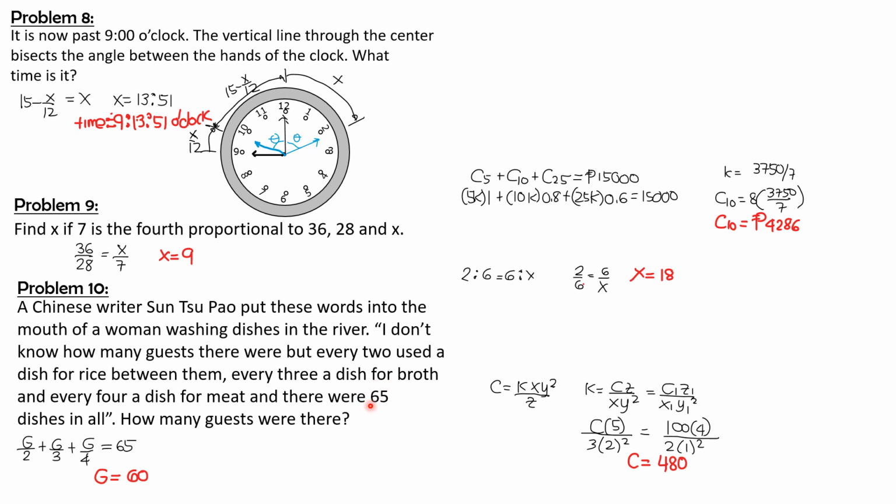So the number of dishes for rice would be G over 2. The number of dishes for broth would be G over 3. And the number of dishes for meat would be G over 4. So G over 2 plus G over 3 plus G over 4 equals 65. Solving for G, G is 60.